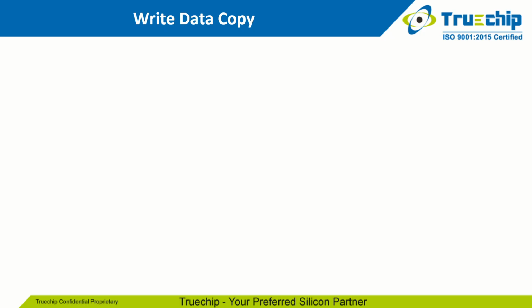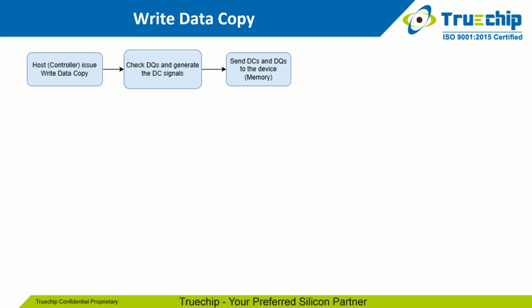So let's talk about how the write data copy function will be performed in brief. Initially, the host, that is the controller, issues write data copy, after which it checks the DQ and generates the DC signals on which bit data copy function has to be performed, after which it sends DQ and DQS to the memory.